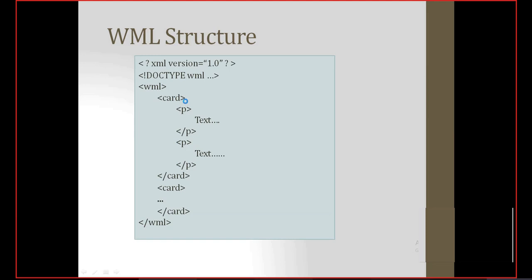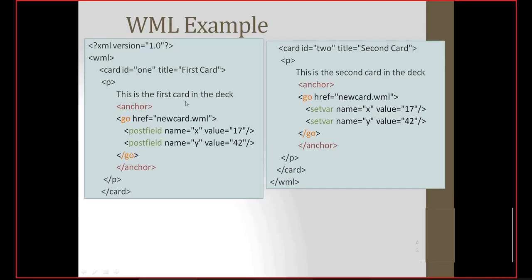Okay, so here you can see an example. We have given an ID to a card and then a title maybe if it is required. Then we are going to send some information from the current card to some new WML document.